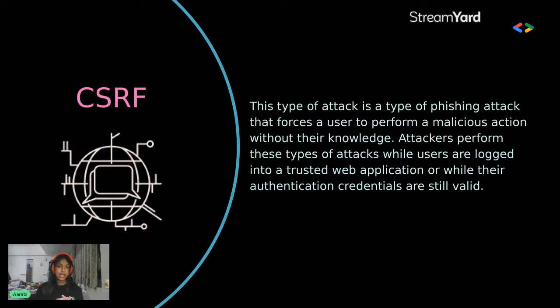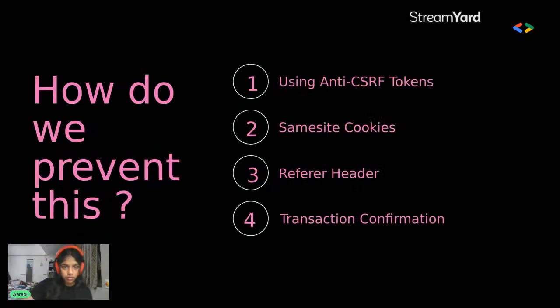And obviously, as a backend developer, the first thing that we can do to protect against this is using anti-CSRF tokens. So you can generate a unique token when a user logs in, and you send it to the browser and say, okay, this is the user's token. Anytime the user makes a request that could alter their account, like transfer money, the browser will send back the token.